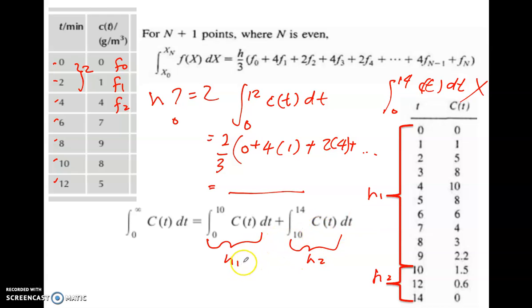The H1 difference is 1, and the H2 difference is 2. Solve each one and then total it up, and you will get the integration of CT for that data from 0 to 14.